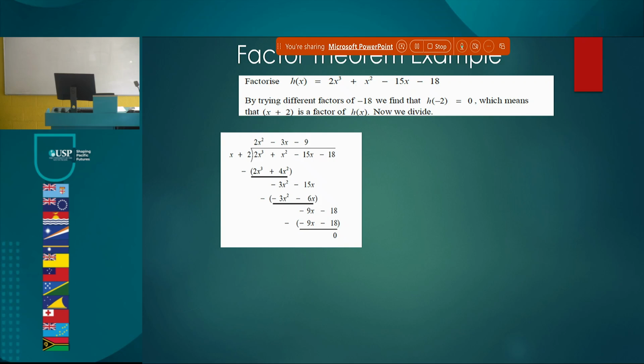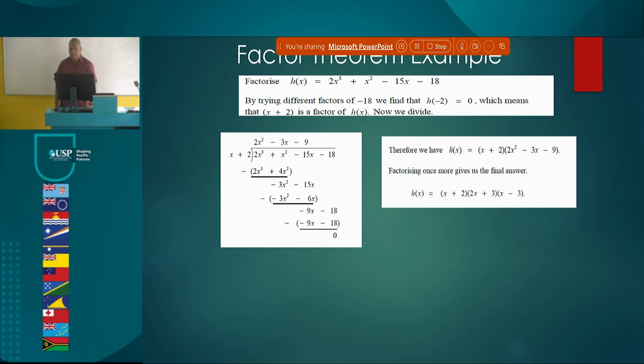So we found the remainder 0. We've now got the quotient. So that means h(x), which is this, is equal to the divisor times the quotient. And after last week's lecture, I expect you to be able to factorize this. We factorized it.